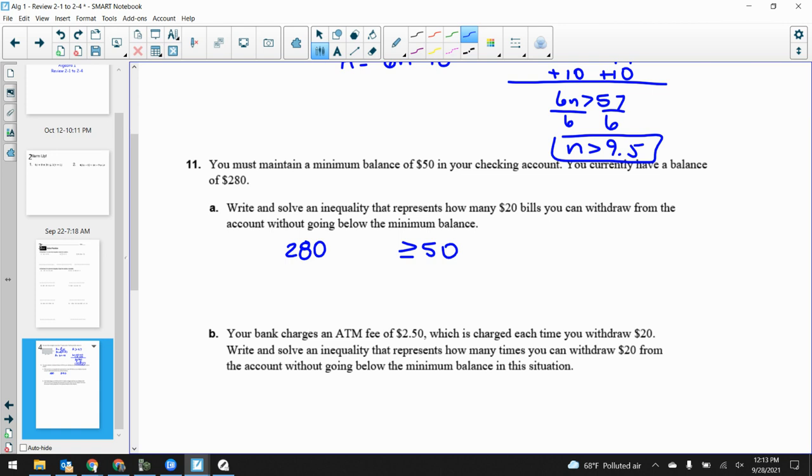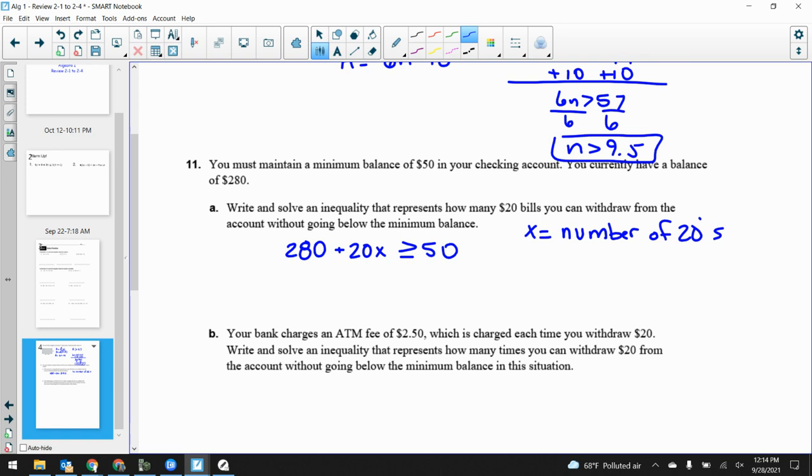So if x is the number of 20s, the value, like 3 20s would be $60, it's 20 times the amount of bills I'm taking out to get the value. So 20x. That's my inequality that I need to set up.